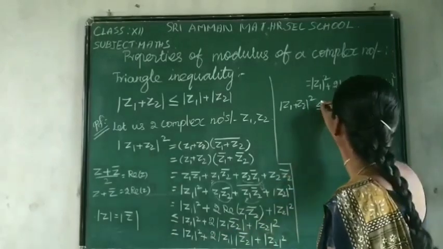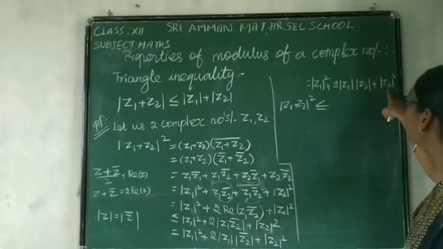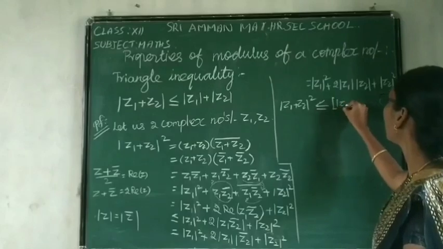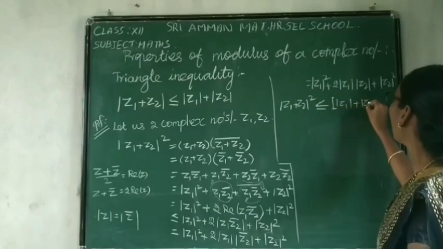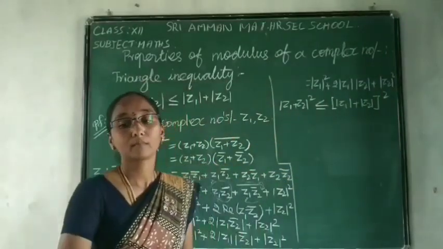It looks like a square plus 2ab plus b square, so modulus of z1 plus modulus of z2 the whole square.